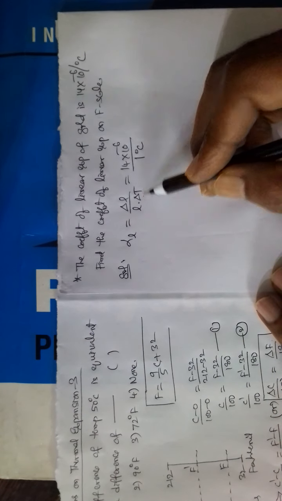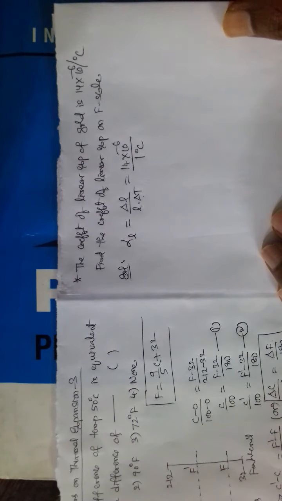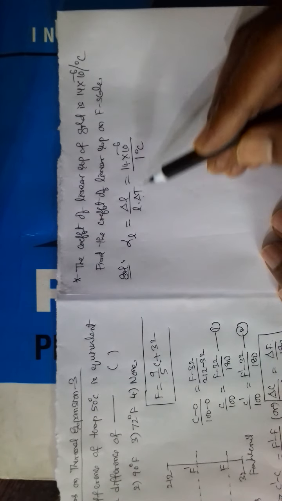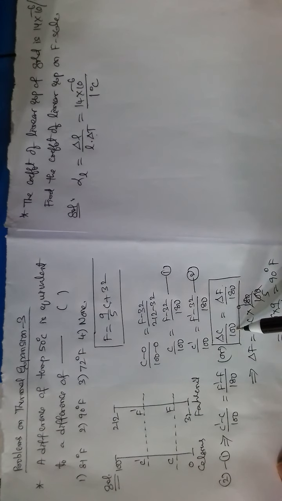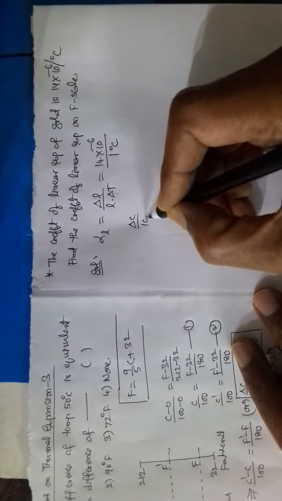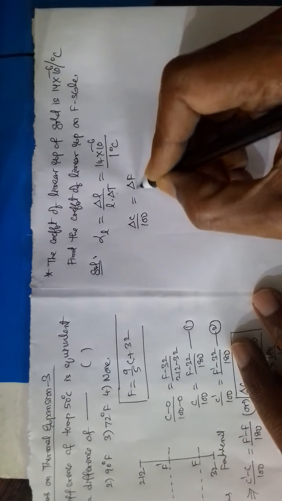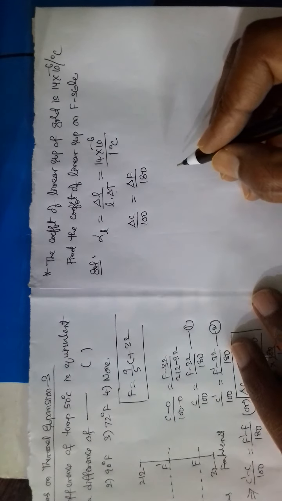Therefore, to convert this into Fahrenheit scale, since this is the difference of two temperatures, we use this formula. So we write delta C by 100 is equal to delta F by 180.